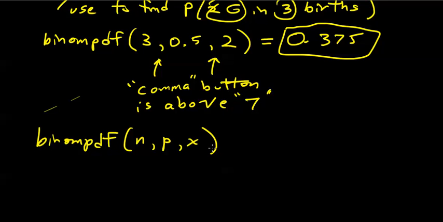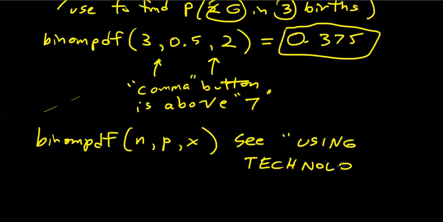Alright, for a little more information about this command, there is a using technology box in your text. Let me write that down. See the using technology gray box on page 224. We've talked about this before in the course.